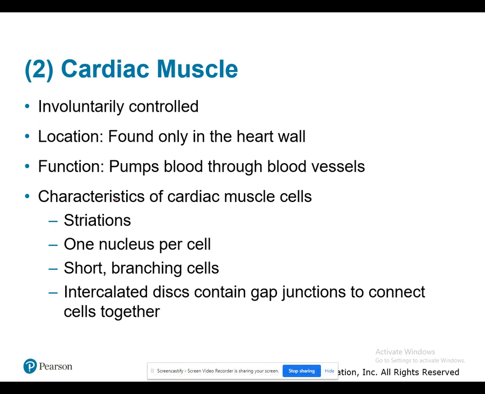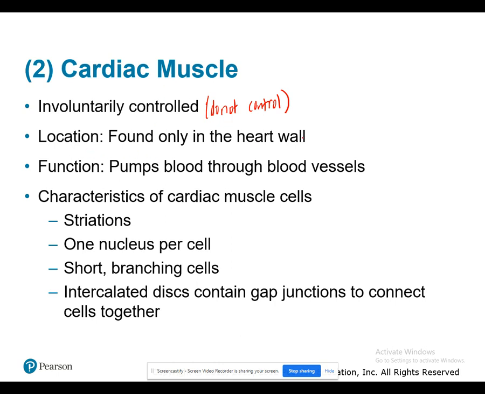The second type of muscle is cardiac muscle. Now this is involuntary, so you do not consciously control this. You don't have to tell your heart to pump each time that you want it to pump. Your body automatically does it because your brain automatically or involuntarily tells your heart that. Now, cardiac muscle is only found in one spot.